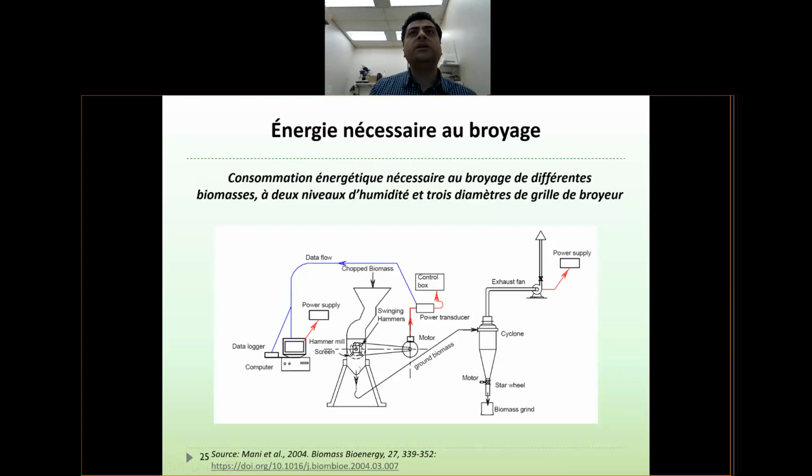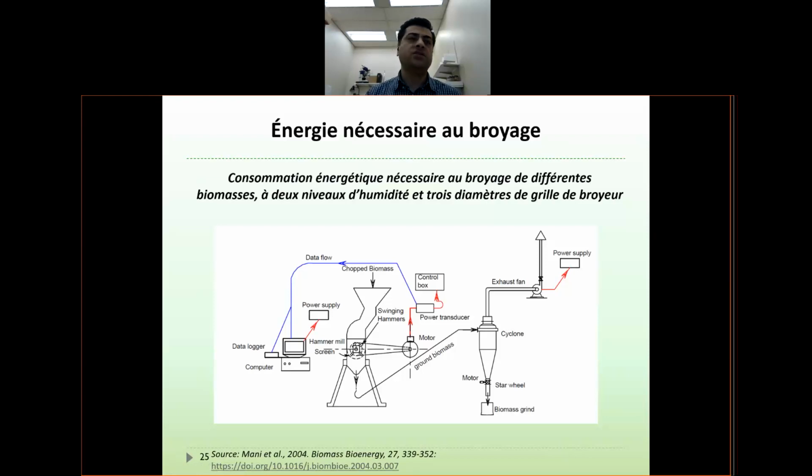Another sort of biomass dryer is the flash dryer, séchoir à flash. In a flash dryer there is a very fast contact between the steam and biomass. When we say flash, it means something is fast.